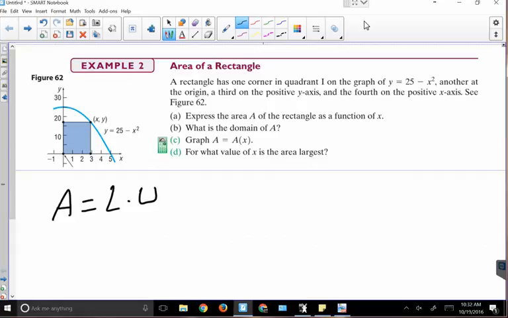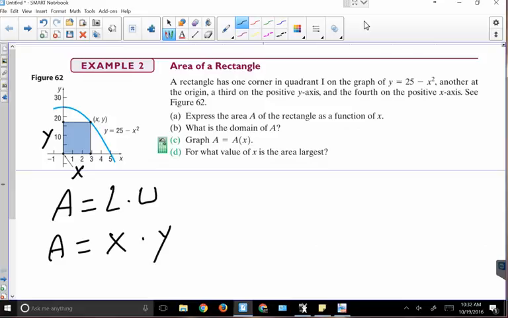But we need to assign variables to this for our purposes. So this would be simply the x, and this would be the y. In our case, area is going to be equal to x multiplied by y. That's all fine and dandy.